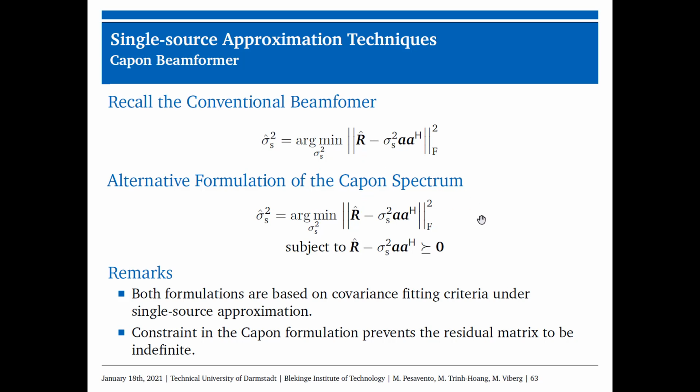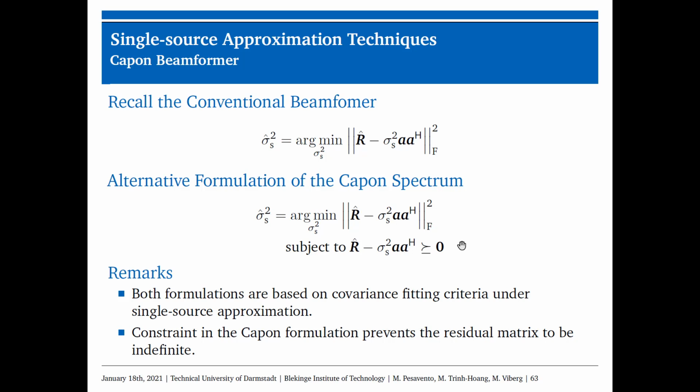In these problems, we match the sample covariance matrix R hat with a particular covariance term from a given direction in a least square manner. The only difference is that in the Capon formulation given here, we introduce an artificial constraint which ensures that the residual matrix must be positive semi-definite.